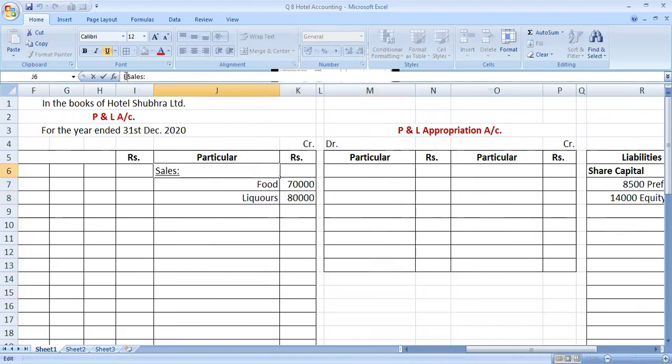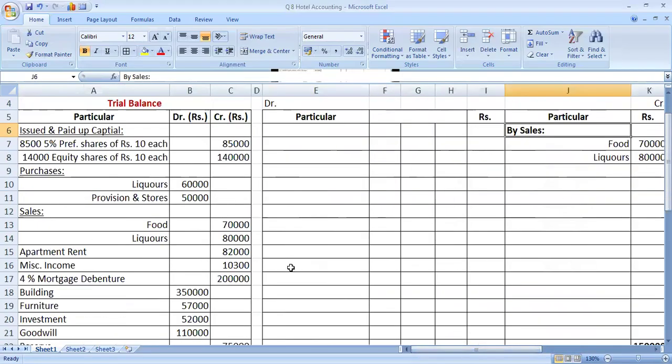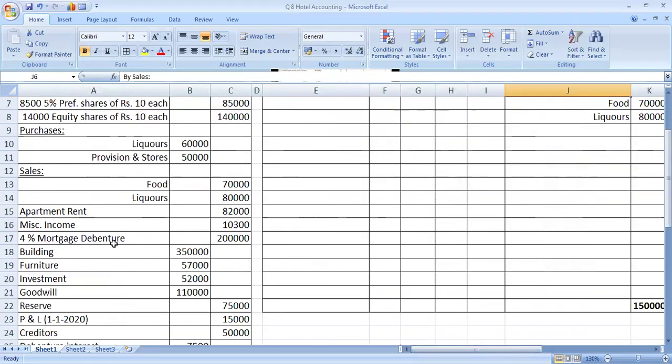By sales, food 70,000, liquor 80,000. The next item, apartment rent. This is income, hence profit and loss account credit side, by apartment rent rupees 82,000.